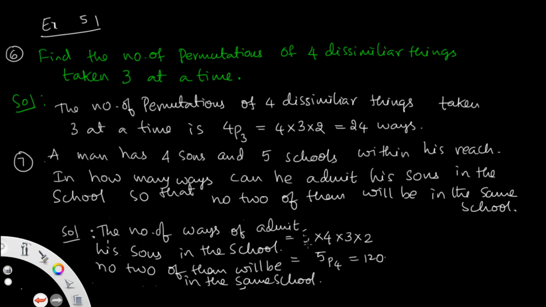Write it in your own words also; I am just writing the simple thing. The number of schools is 5 and the number of sons is 4. The first son has 5 choices, the second has 4 choices, the third has 3 choices, and the fourth has 2, denoted by 5P4.